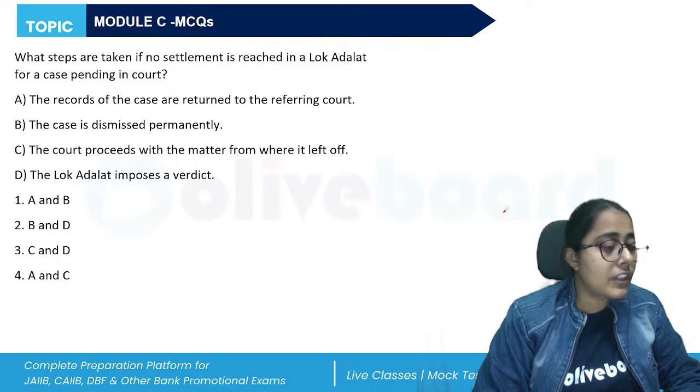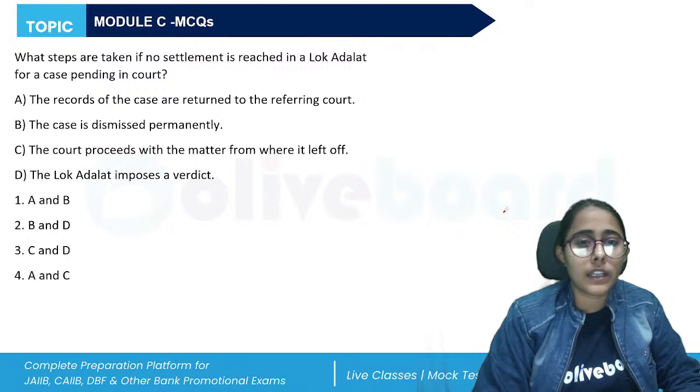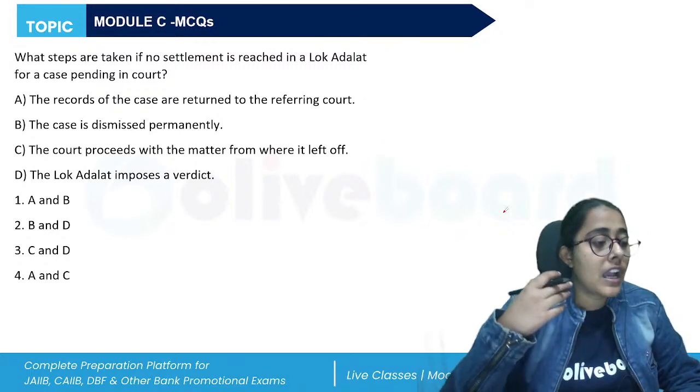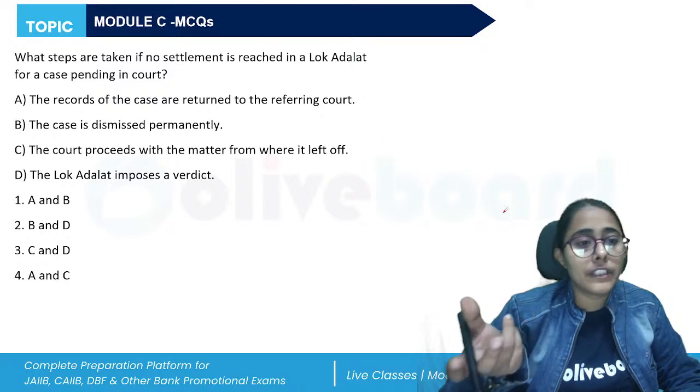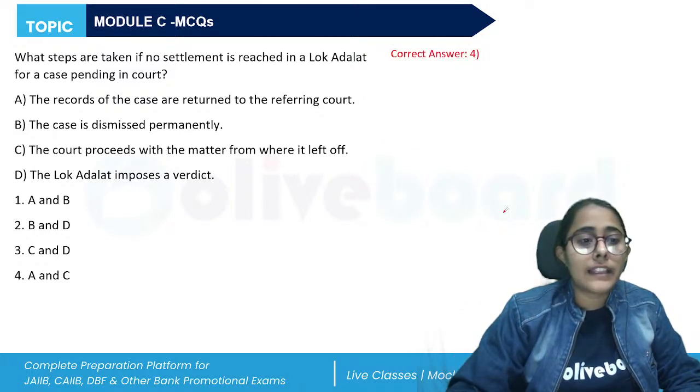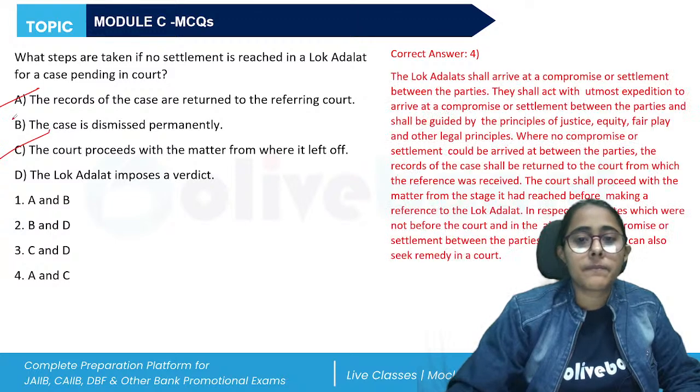If the court finds that a case is pending and it is under the purview of the Lok Adalat, they can refer it to the Lok Adalat. But if the Lok Adalat cannot reach a settlement or compromise between the two parties, then the records of the case are returned to the referring court, or the court proceeds with the matter from where it was left.